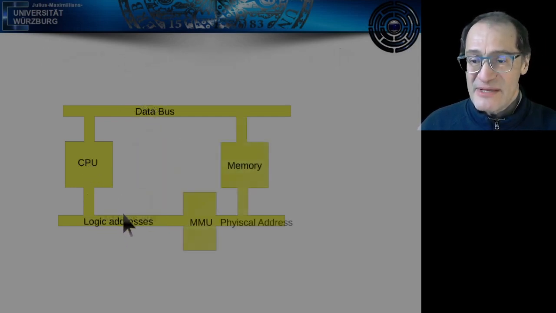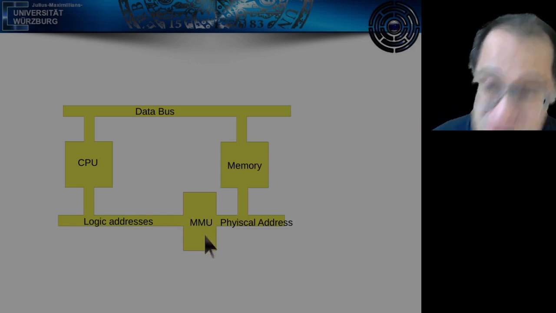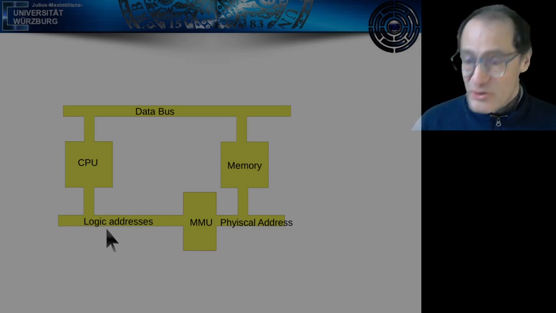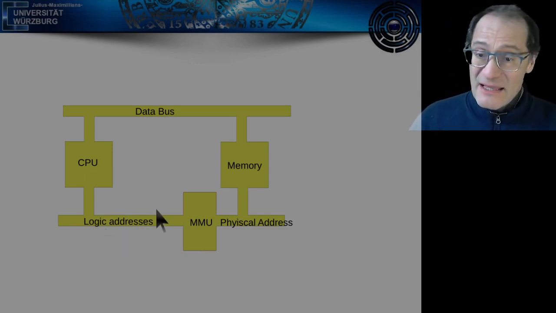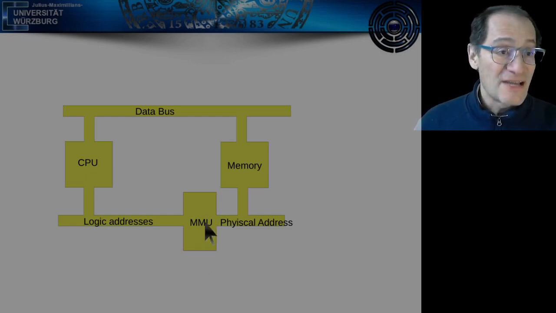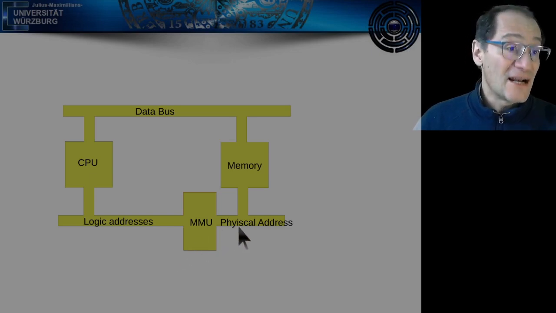The next step is to interrupt this memory bus with a memory management unit. So the CPU is going to use what we call logical addresses, and the memory management unit will translate these addresses according to some translation tables inside of the memory management unit to physical addresses.